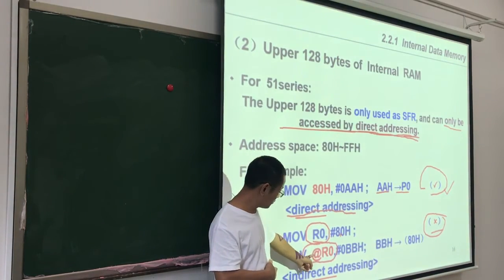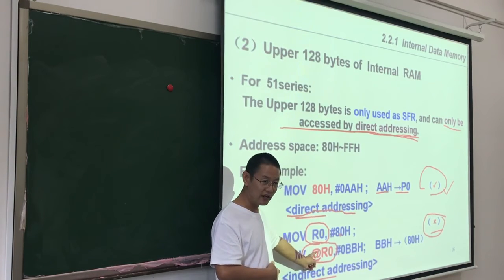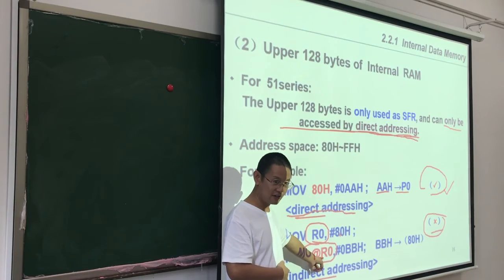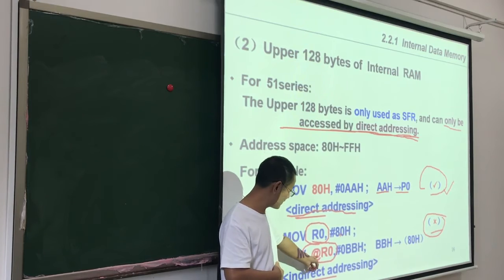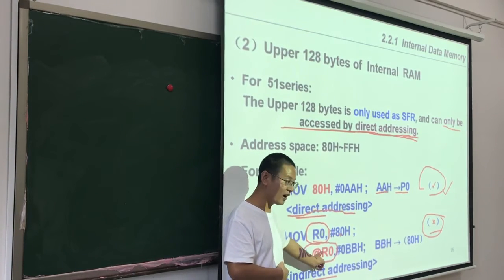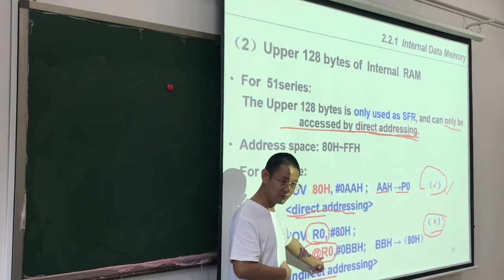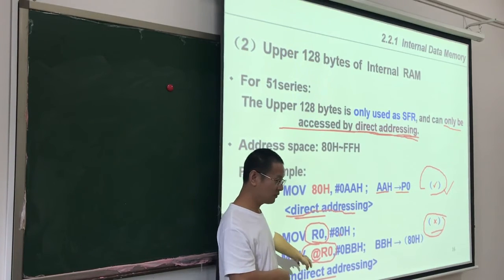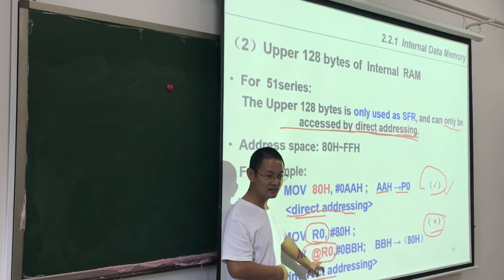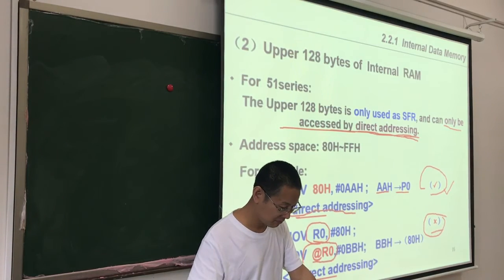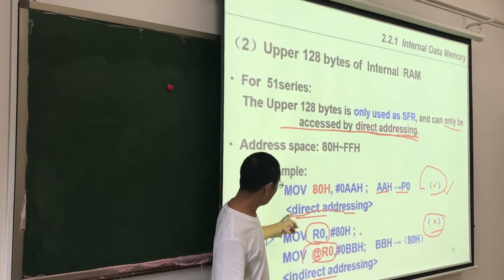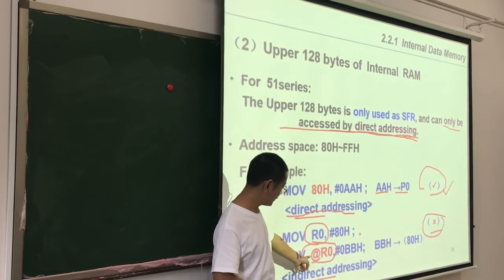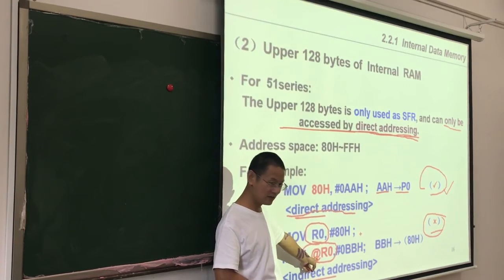Then use the @ symbol to call the data stored in R0. This @ symbol is called indirect address. This one is just using the address directly. This is used indirectly. So this is wrong.